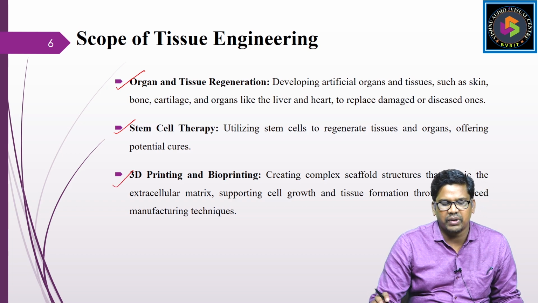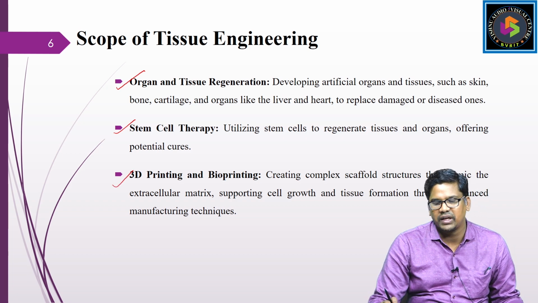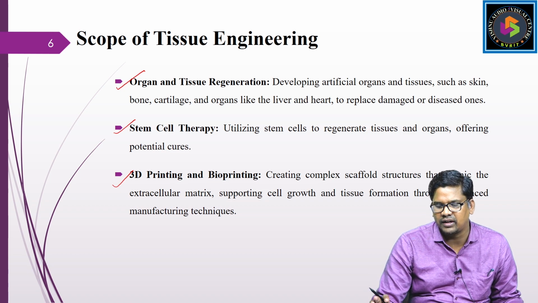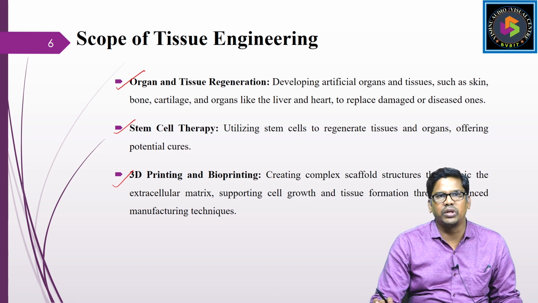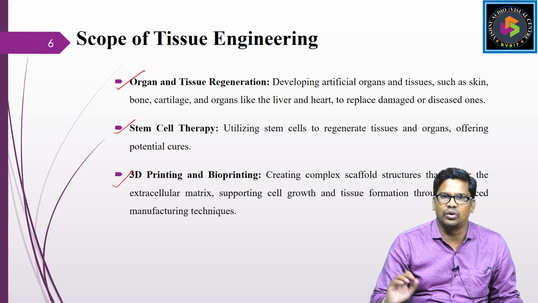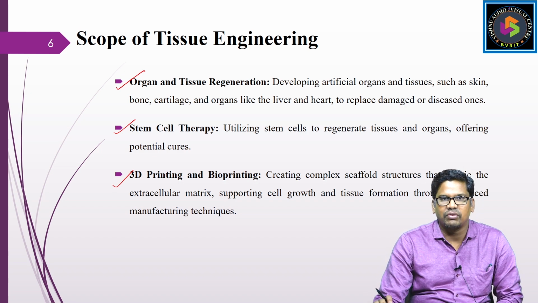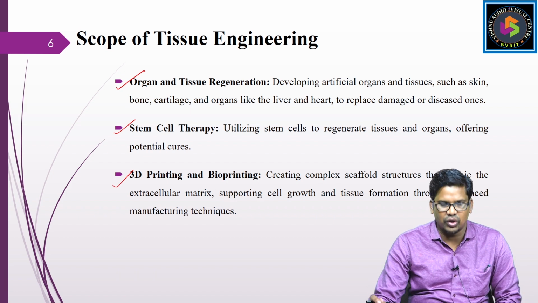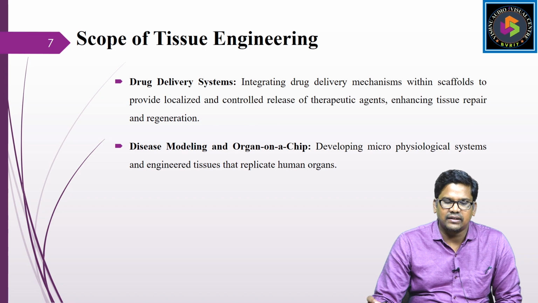Next scope is 3D printing and bioprinting. Creating complex scaffold structures that can mimic the bone structures or extracellular matrix, and which can support bone ingrowth. Ultimately our goal is to grow the cells, and hence we require that bone ingrowth or tissue growth. Next is the drug delivery system.